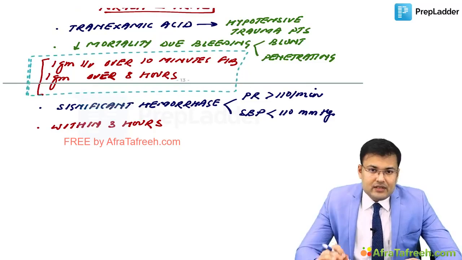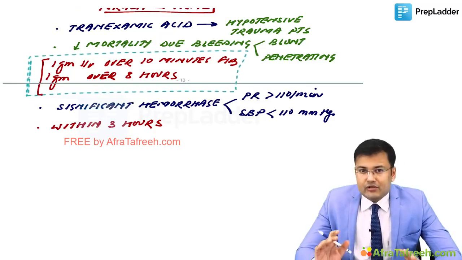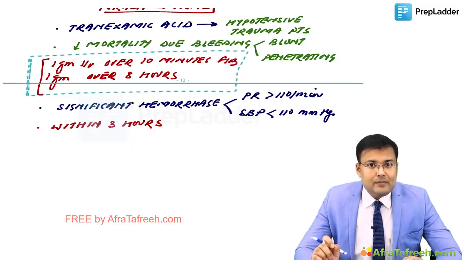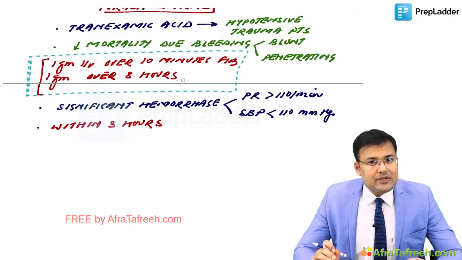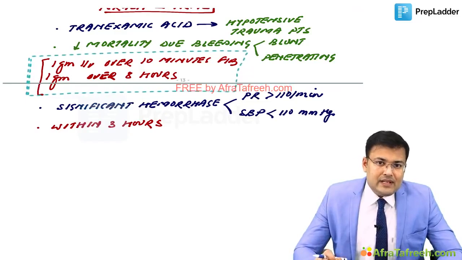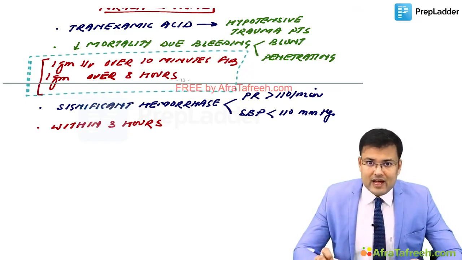What are the indications? Patients suspected to have significant hemorrhage. Values you are supposed to remember: pulse rate more than 110 per minute, systolic blood pressure less than 110 mmHg. And it should be administered within 3 hours of trauma. So this is CRASH 2 trial.